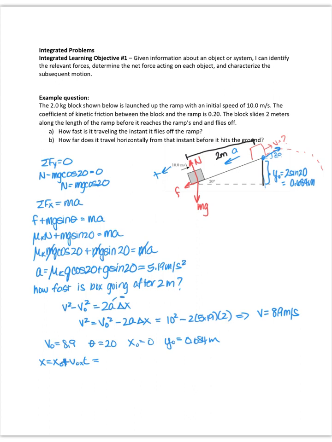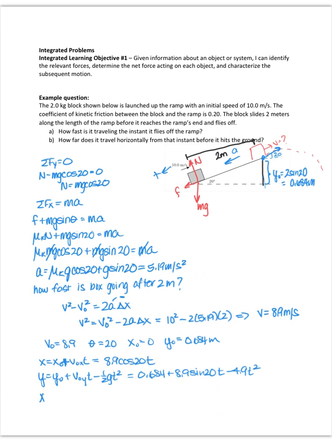This is supposed to be a plus, it doesn't look like one. So it's 8.9 times the cosine of 20 times t. My y value, which is y equals y naught plus v naught y t minus 1/2 g t squared. And this becomes 0.684 plus 8.9 sine of 20 times t minus 4.9 t squared.